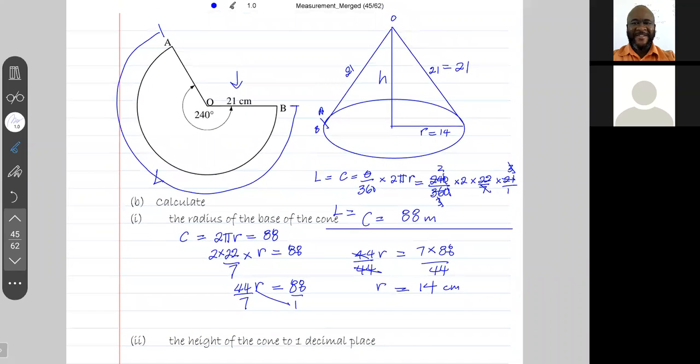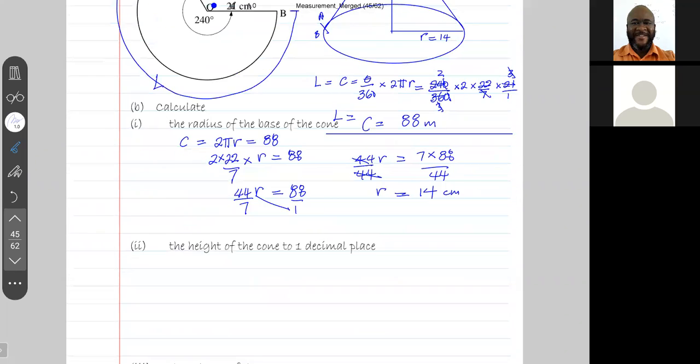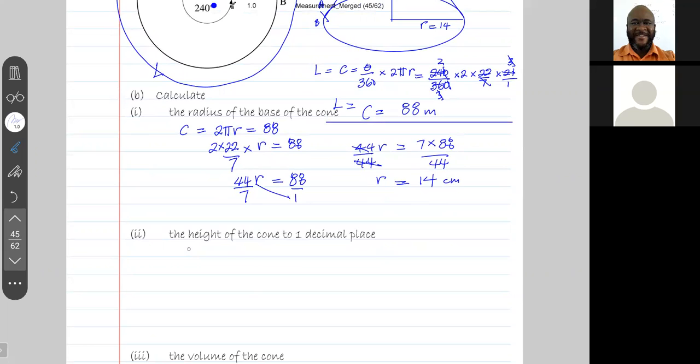Obviously, to find the height of the cone, I can now use Pythagoras' theorem. So c squared is equal to a squared plus b squared. So this is the hypotenuse, which is 21, is equal to the height squared, which we don't know, plus the radius squared, which is 14 squared.